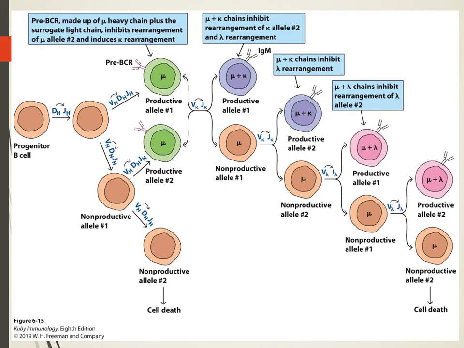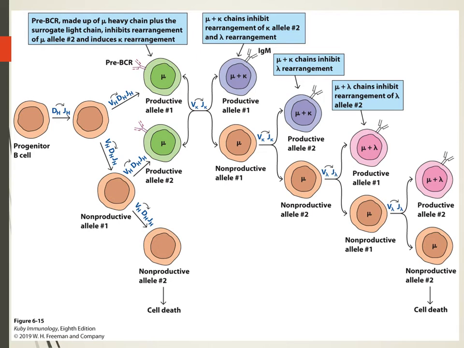Then they're going to go through the recombination with either our lambda or kappa chain, whichever one was initiated. And then if that is a productive allele, that's a productive combination, then we have our B cell receptor, and that's what we can see in the purple cells.